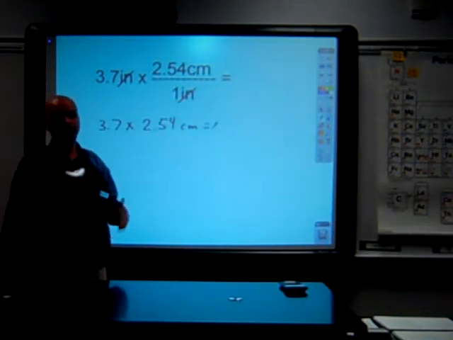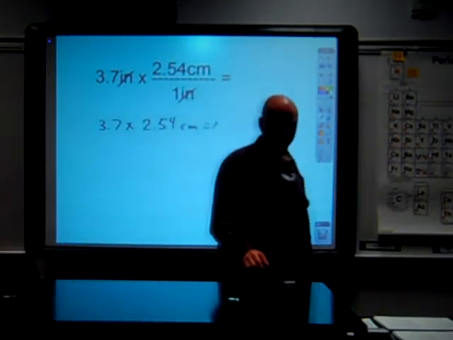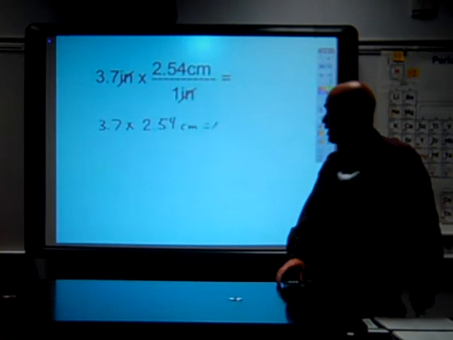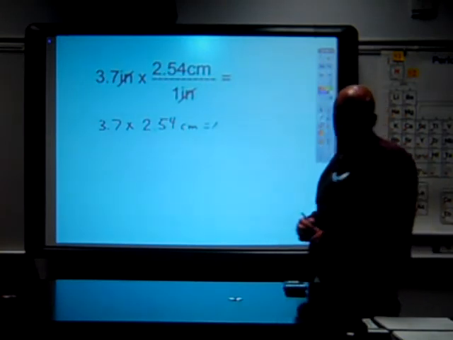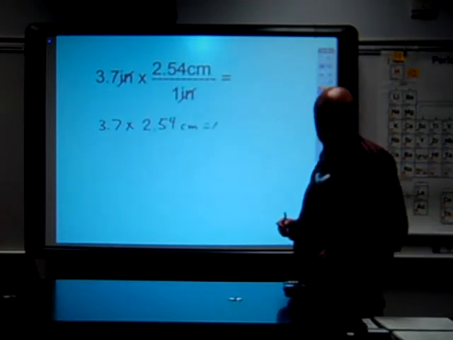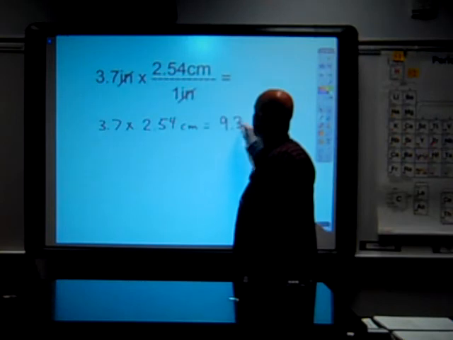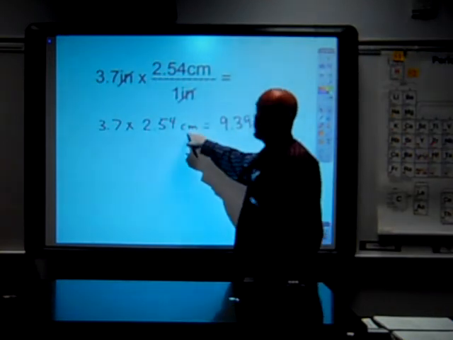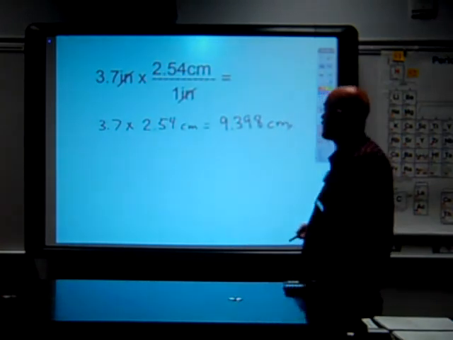We canceled out our inch units, so I remove those because, again, we're simplifying. To solve this, we just multiply those two things out. 3.7 times 2.54 is, calculate our answer, 9.398. Only unit left in our equation is centimeters, so that will be the unit we put on our answer.